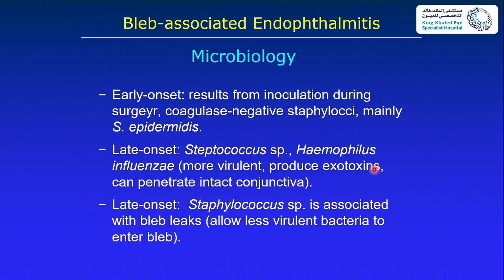But how about the late onset? That can develop up to 20 years. The microbiology is different. Streptococcus species, Haemophilus influenzae, these are the most virulent. They produce exotoxins that can penetrate intact conjunctiva. And this is a problem. That is why the prognosis is not good.